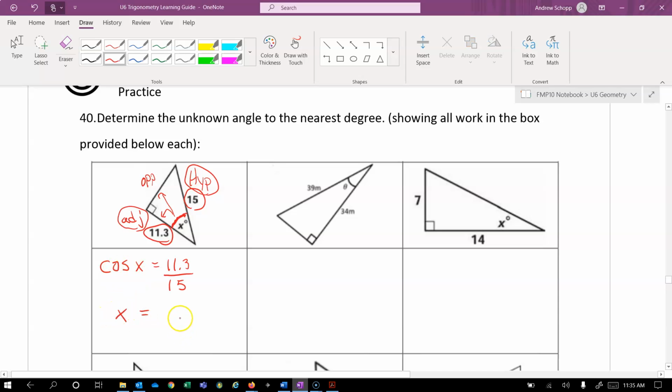When I do that, I end up with x on the left and the inverse cos of 11.3 over 15. And you can put that into your calculator, and you should come up with a solution of 41 degrees. Good luck with the rest of your practice questions.